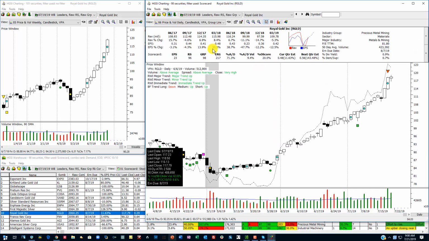Let's check out a couple other things on the Royal Gold. RS of 96 out of 99. Group rank is 98, very strong. EPS rank, not very good at 23, but this just goes to show that the group and technicals are much more important than an EPS rank. Earnings per share, if this had much more consistent earnings, which it does not, would have a high EPS rank.